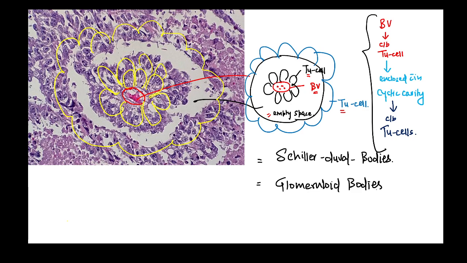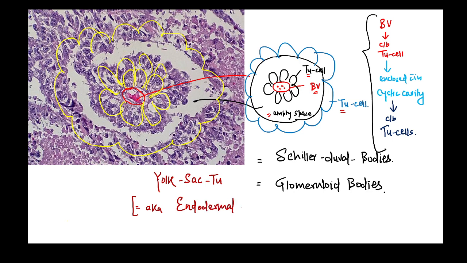Schiller-Duval bodies or glomeruloid bodies are seen in which tumor? When the examiner asks you this, this is the picture of yolk sac tumor, which is also known as endodermal sinus tumor.